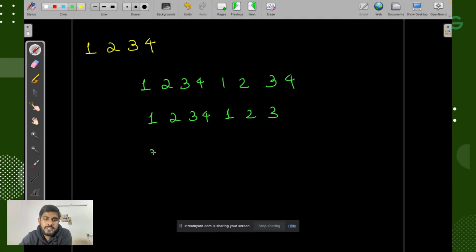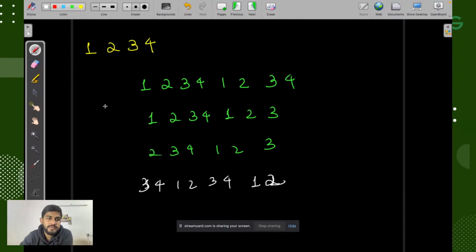Or it can be like this: 2 3 4, 1 2 3. Or it can be like this: 3 4, and then 1 2 3 4, and then on this side 1 and 2. Here we can think of this, and this.